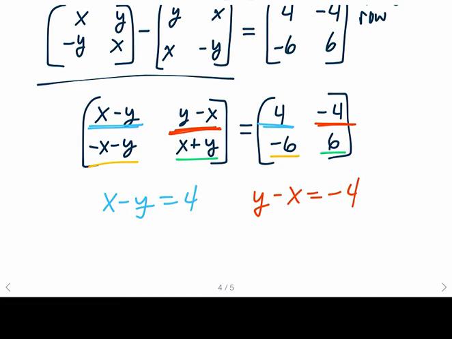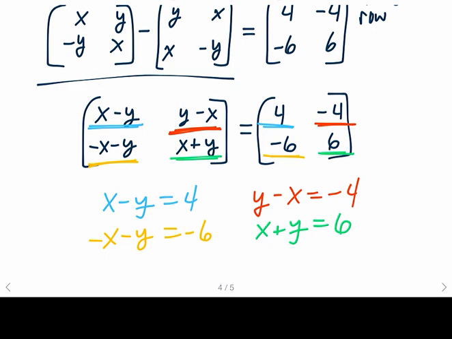I have two variables, though. I hope I can end up with two different equations. Well, we also have that negative x minus y is equal to negative 6 from a21. And then from a22 of each matrix, we get that x plus y is equal to 6, which is again a pair of equations that matches.